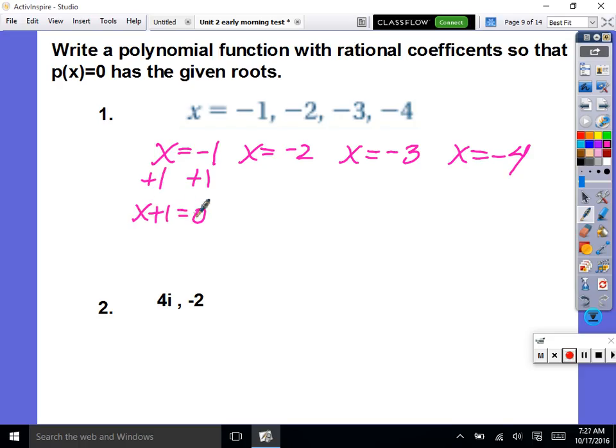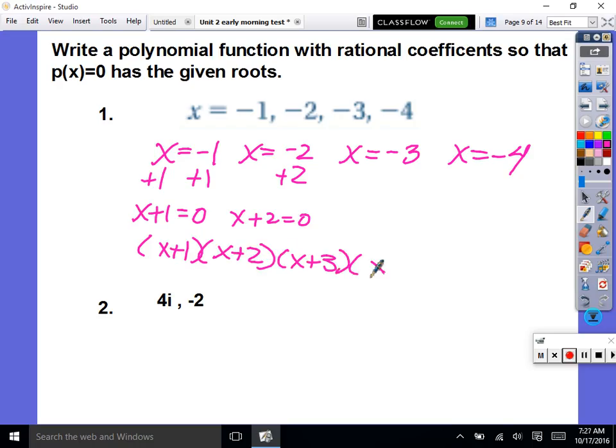Then we'll add 2, so we'll have x plus 2 equals 0, and so on, right? So I'm going to skip because we don't have that much time. We have an x plus 1 times x plus 2 times x plus 3 times x plus 4, right? We would multiply those two together, then multiply those two together, then multiply all of it, right? If there was 3 of them, wouldn't we multiply 2 of them together, then multiply the third one? Yeah.